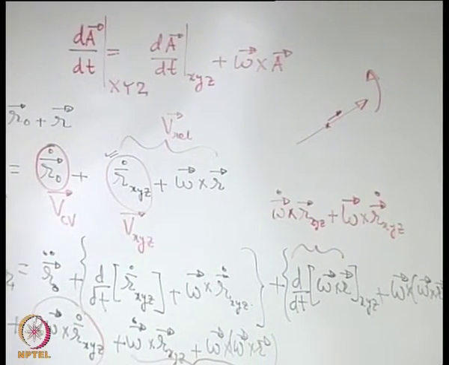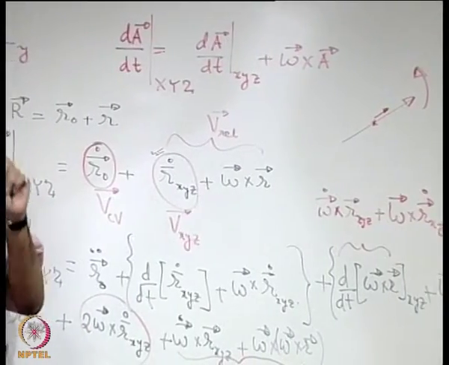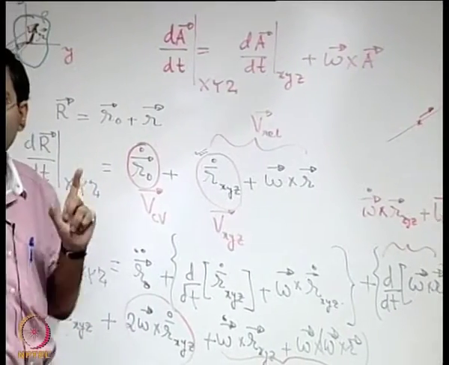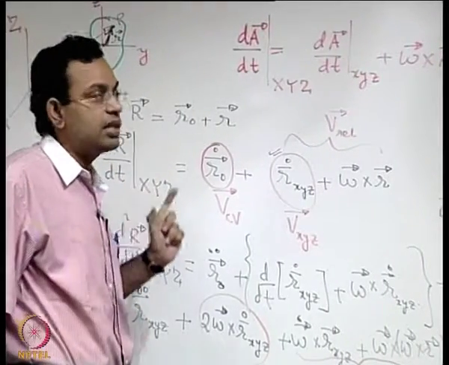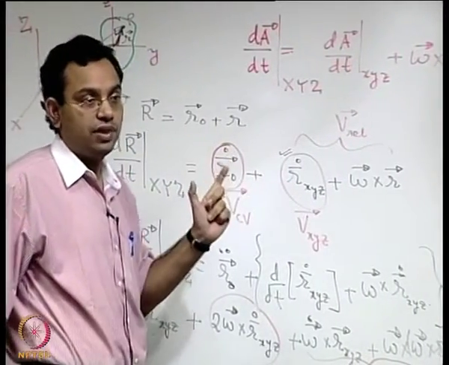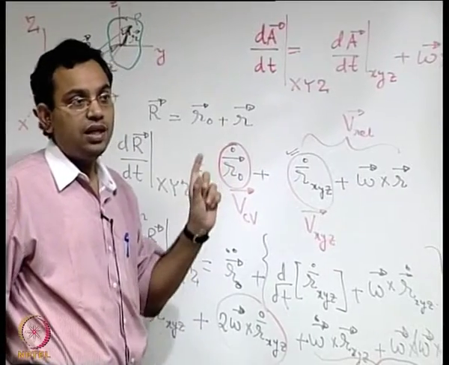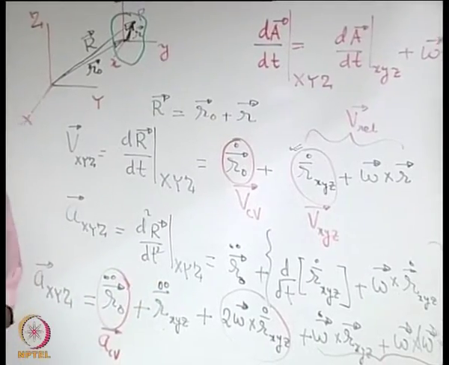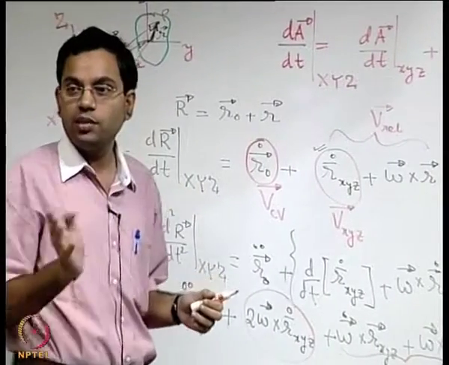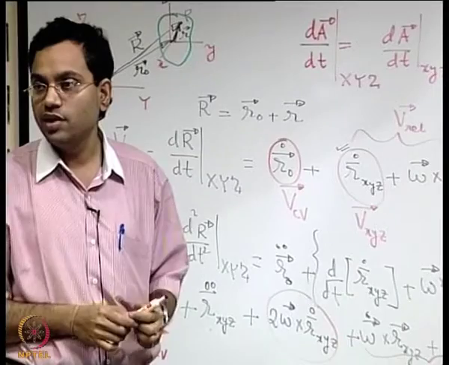So, the two things necessary for this: one is that the reference frame should be a rotating reference frame, another is that there should be a translatory motion relative to the reference frame, and then it will experience a sort of acceleration, and that acceleration will try to deflect the particle from its original locus.